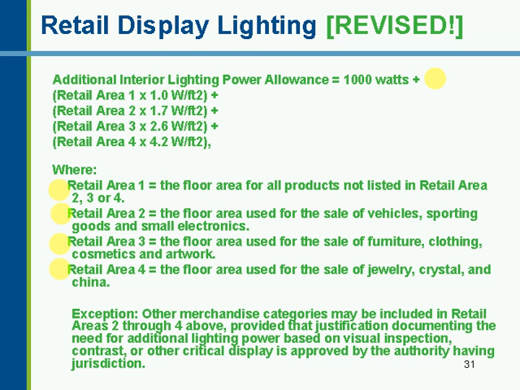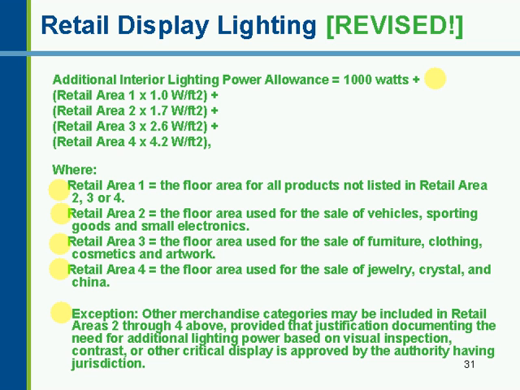Notice at the bottom, there is an exception such that if you have a merchandise type that is not included in areas 2, 3, or 4 above, you can make your case to the building official and discuss it with them and come up with an appropriate category for your merchandise type. And if they agree with it, then it can be placed in that category and you claim that allowance.